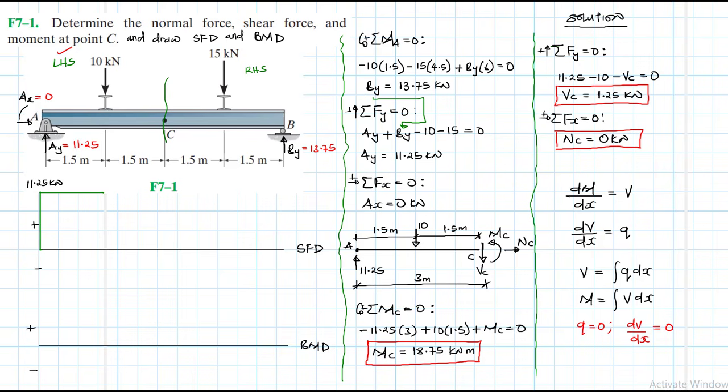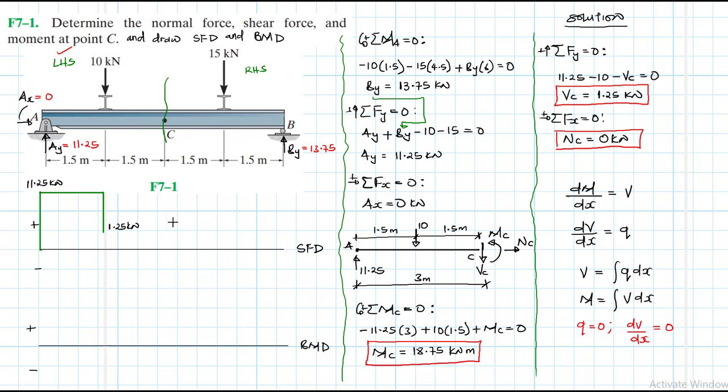So you expect this to reduce to about 1. Let's say 1 is somewhere there. So this point here becomes our 1.25.